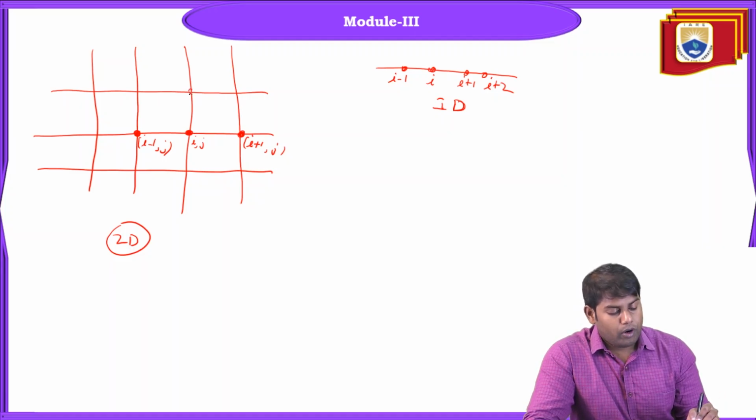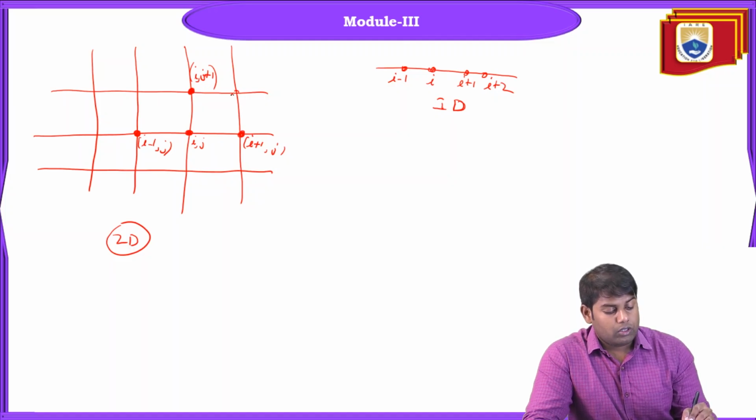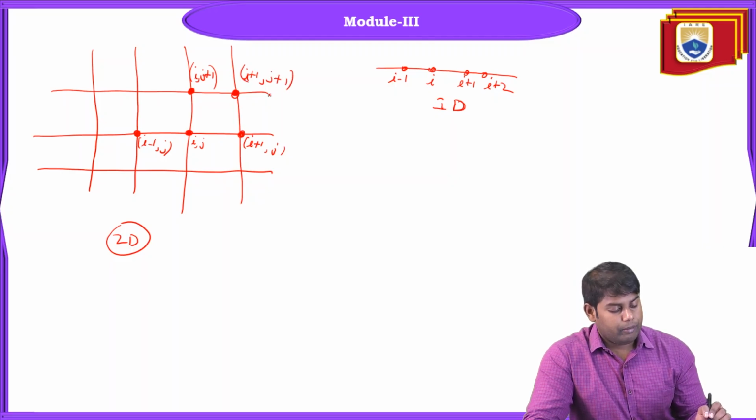The point above this is i, j+1: for a constant x we vary the y coordinate. The point where we vary both x and y is i+1, j+1.